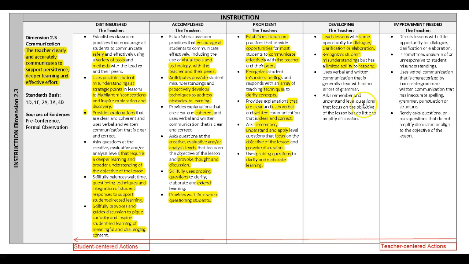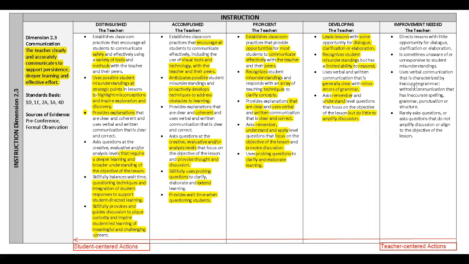The teacher uses verbal and written communication that is generally clear with minor errors of grammar. And this teacher asks remember and understand level questions that focus on the objective of the lesson but do little to amplify discussion.